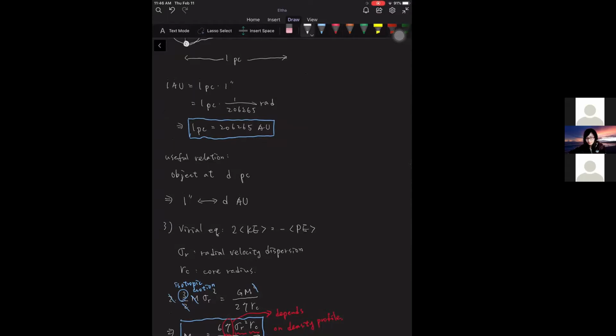So let's say we are observing a galaxy. Let's say this is a galaxy, and we are observing from here. Again, there's an angle extending out through the object.